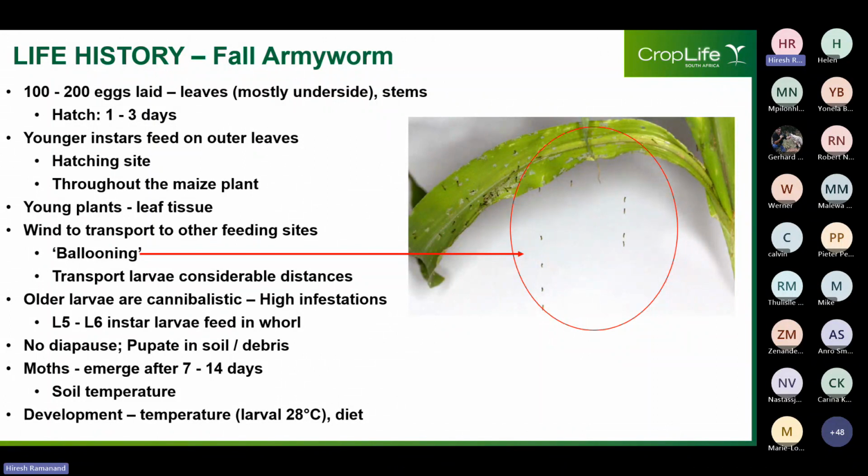The fully grown larvae will then burrow 2 to 8 centimeters into the soil before pupating. If the soil is too hard, then the larvae will cover itself in leaf debris before pupating. An adult moth will emerge from the pupae after 7 to 14 days, depending upon soil temperatures, in warmer months and around 20 to 30 days in cooler areas.